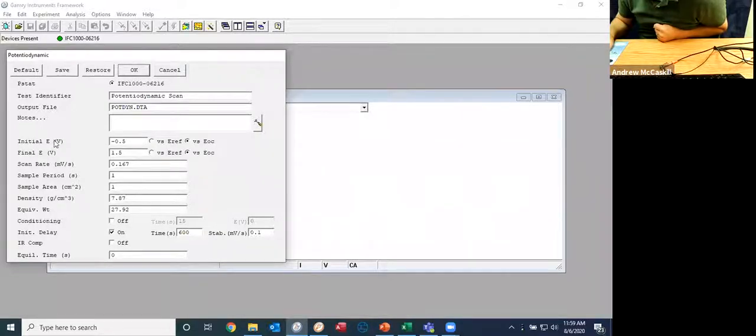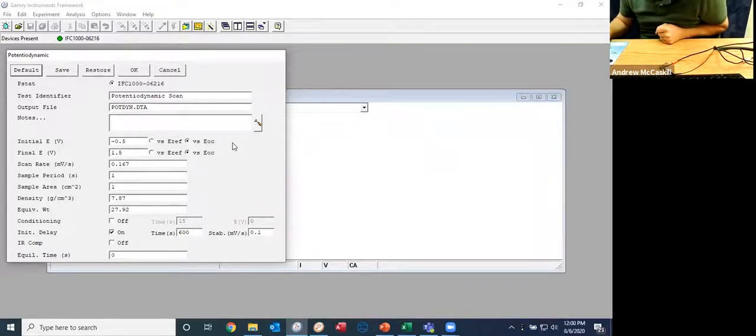You have a starting value of potential you're going to scan from. These are the default values. It's starting at negative 500 millivolts as opposed to the minus 10 we were looking at versus EOC. Final is 1.5 volts versus EOC compared to just the other 10 millivolts that we were talking about.